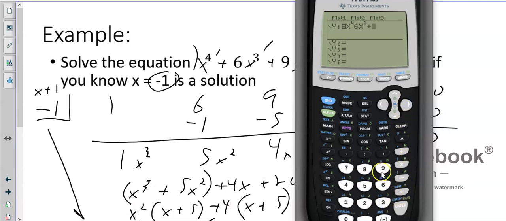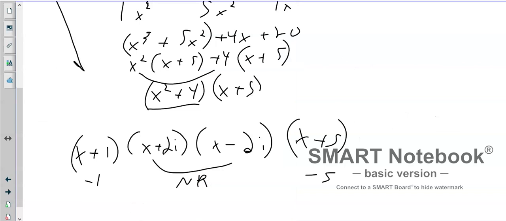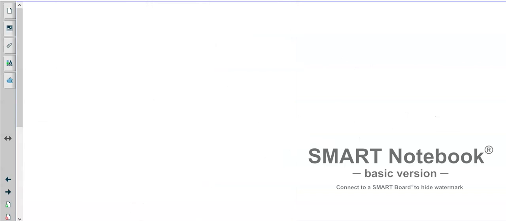Plus 9x squared and 24x and 20. So this should be a happy W. And this one's not a good one to graph on here. So sometimes they're complicated and we don't get a good picture. And that's it.